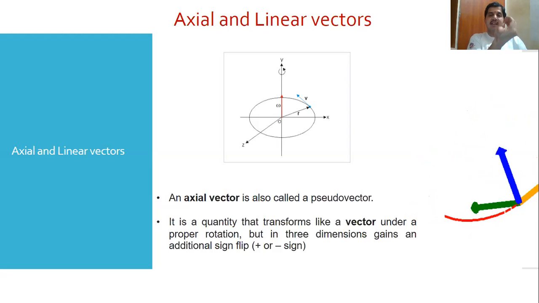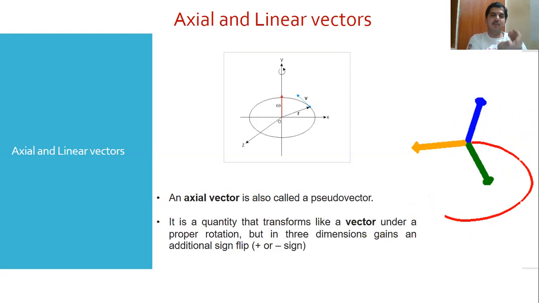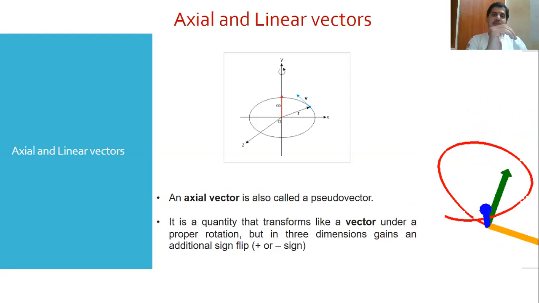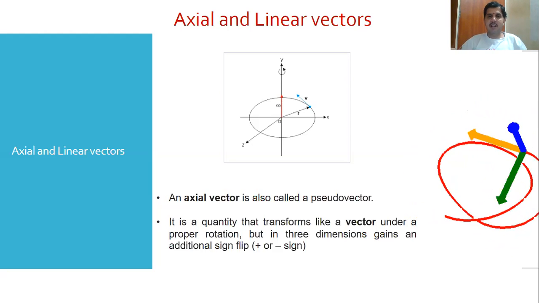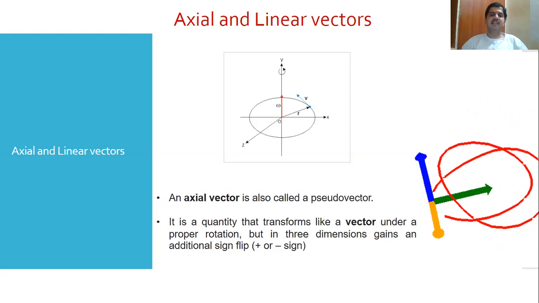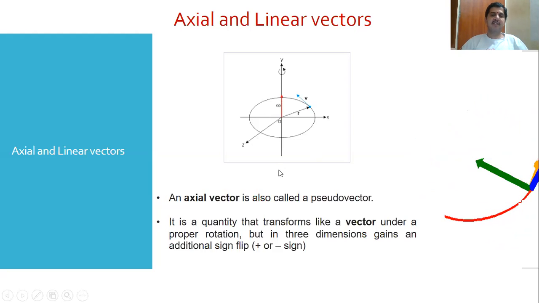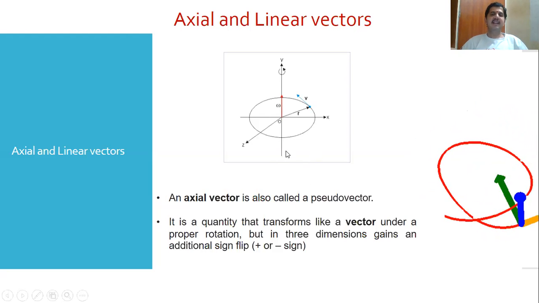Thus, if you consider towards you as positive, then away from you is negative. It depends only on which direction is positive, so you can have only a positive or a negative vector based on the directions. You don't have it like X and Y, but sometimes this axial vector is directed along the Z axis.